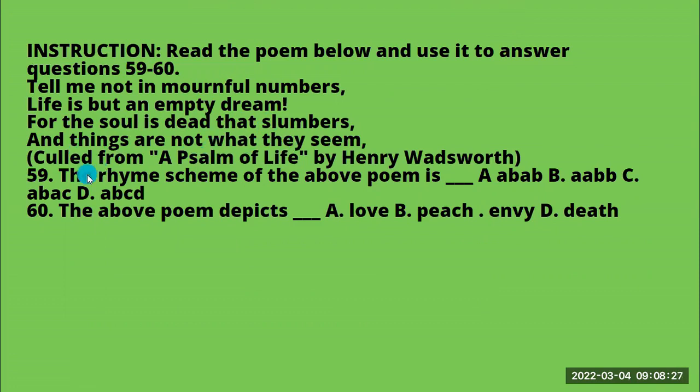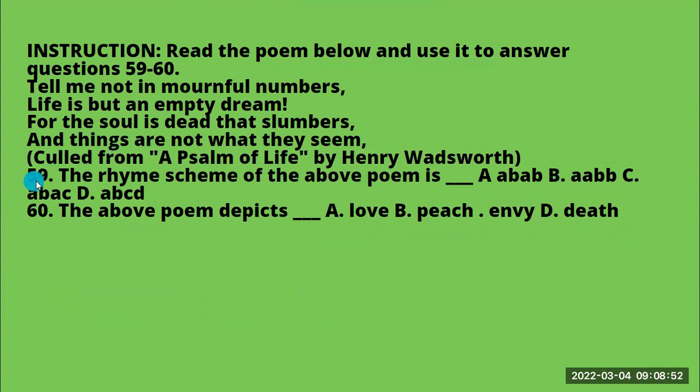All right, this poem was taken from A Psalm of Life by Henry Wadsworth. So when we look at a poem like this, we should be able to analyze it by using our knowledge of the general principles of literature and also our knowledge of the poetic devices.